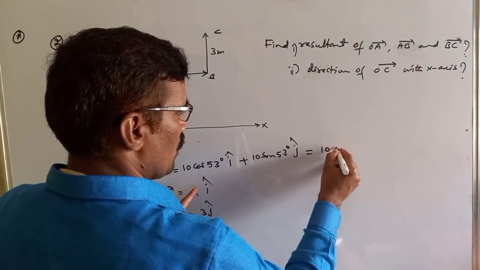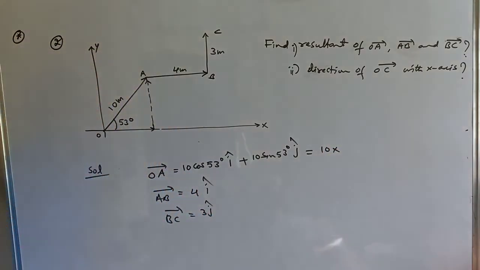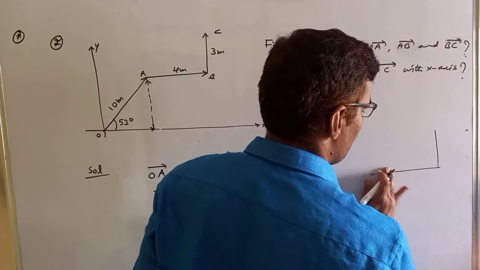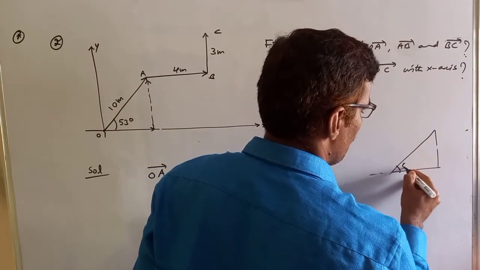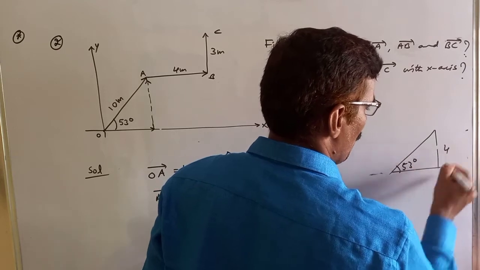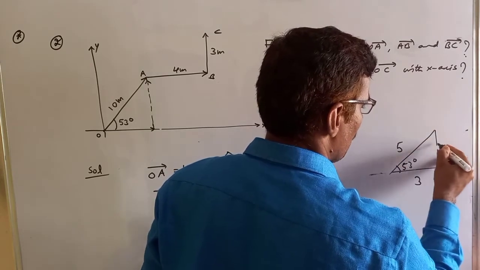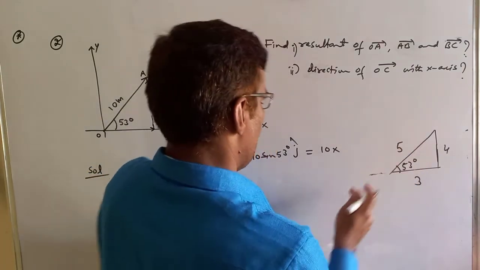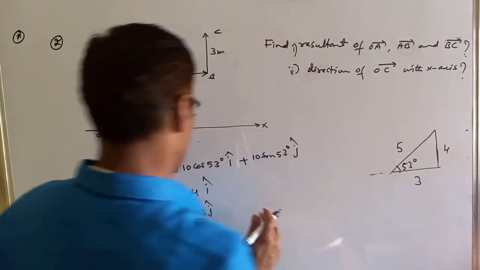So 10 into cos 53. You should remember cos 53. For this 53 angle, the sides are 4, 3, and 5, so cos 53 is 3 by 5.